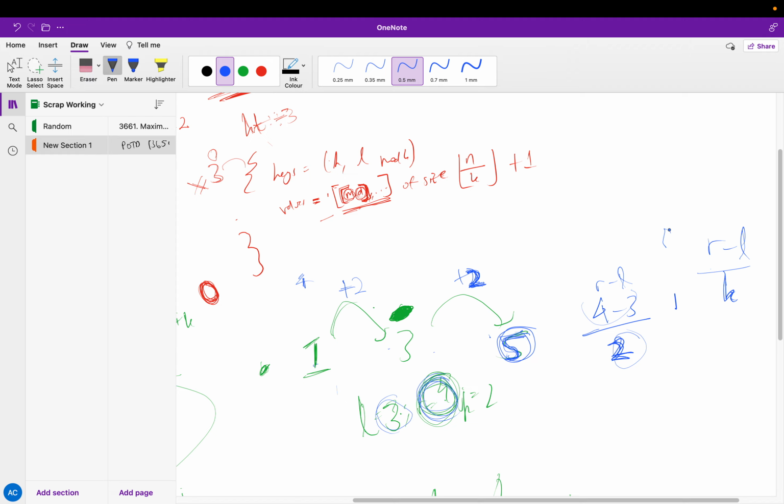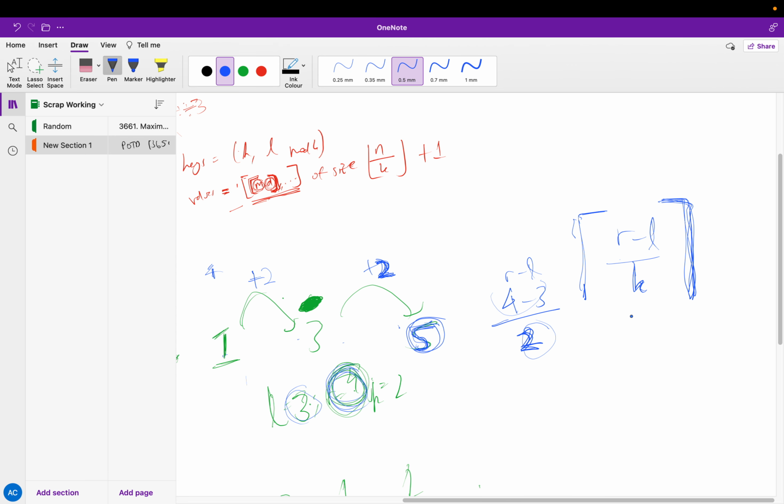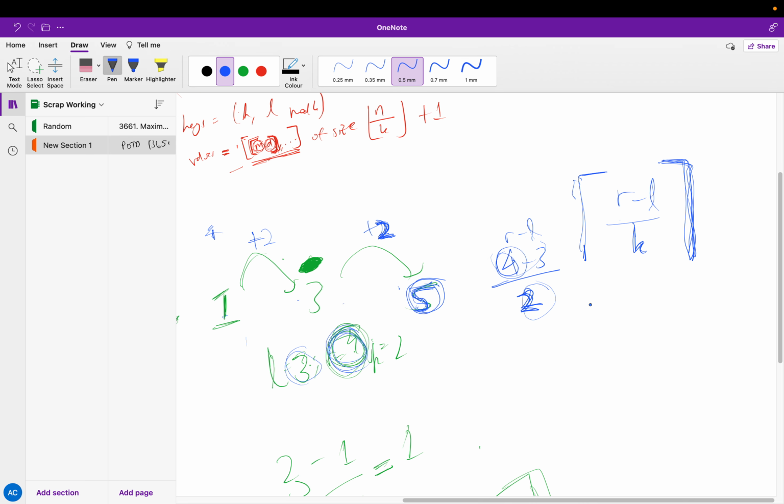If we ceiling it, what happens? It will tell us the number of jumps needed as an integer, but I think there's an issue. This tells us how many jumps will get us at least to 4. I think if we do floor and add 1, this will guarantee how many jumps are required to get past the R index, which is what we want.